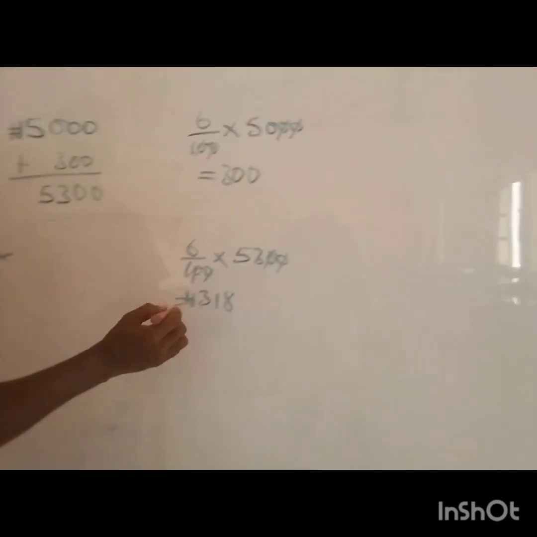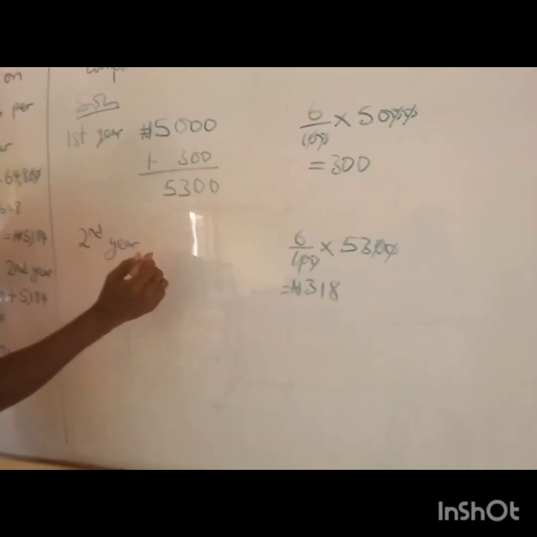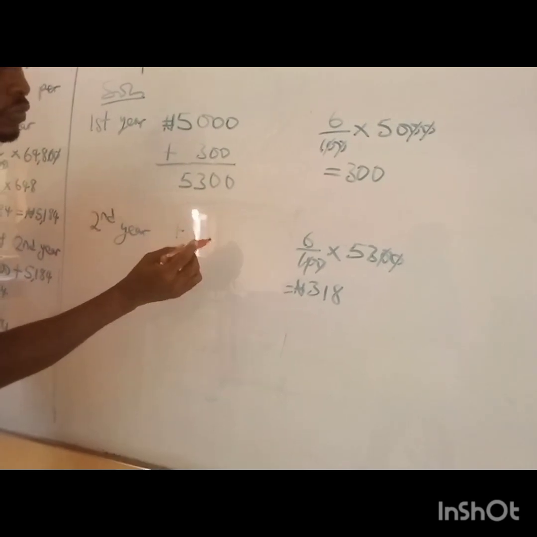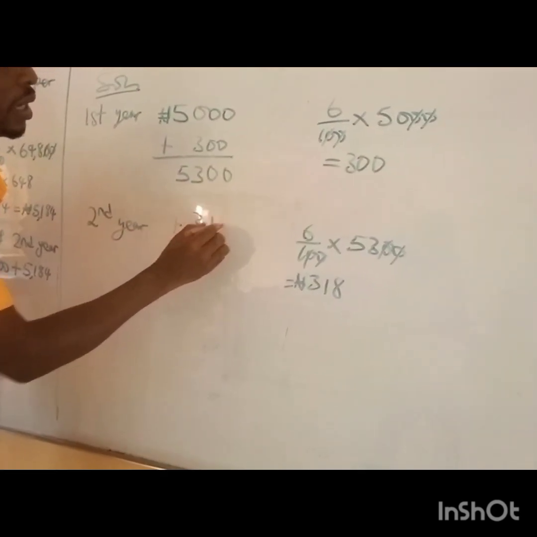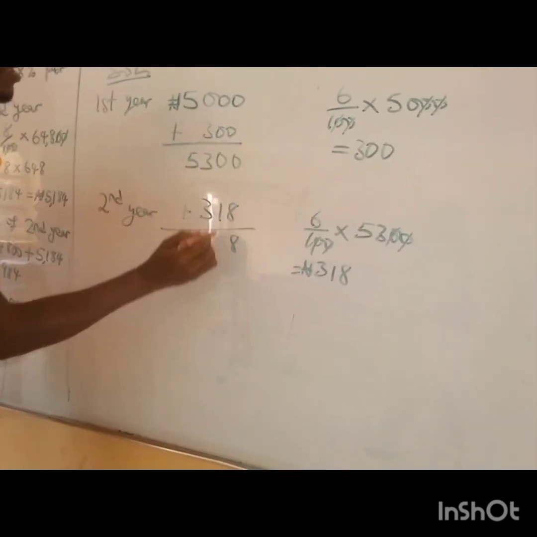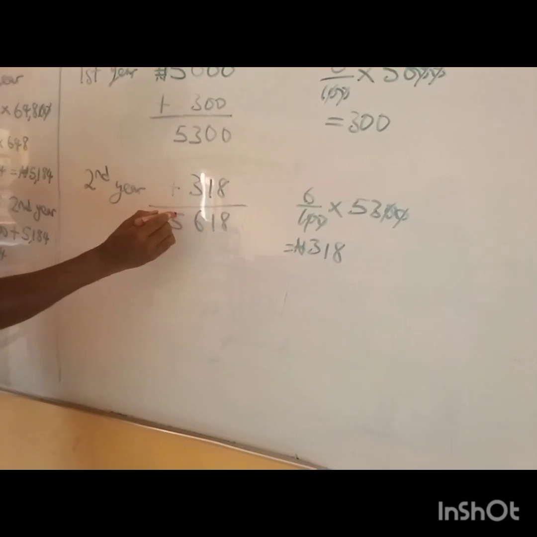So we have an addition of 318. So we have 5,618.